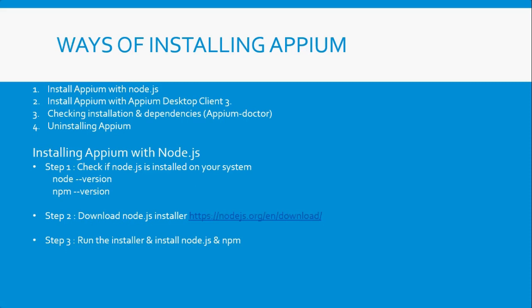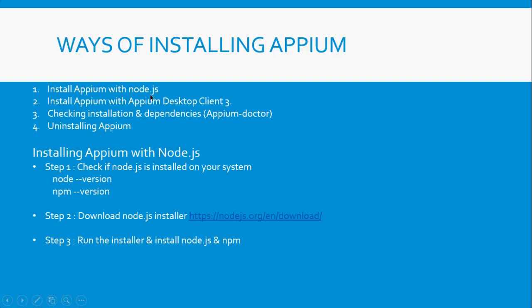Now, there are different ways of installing Appium. I'll just go through this quickly. In the next class, we'll be looking at the practicals. We'll actually start the environment setup and the practical aspects of this. So you can install Appium with Node.js, from your terminal or command line.